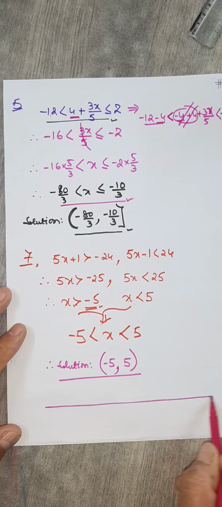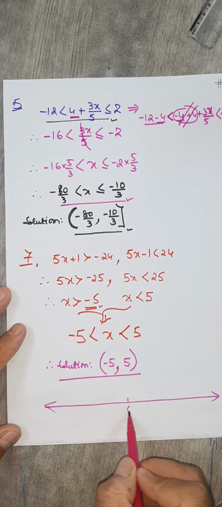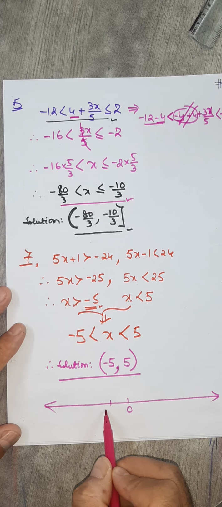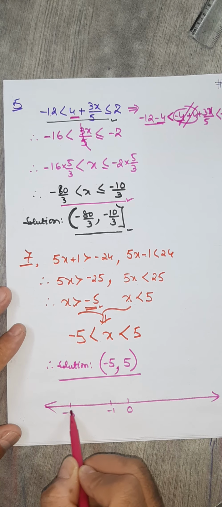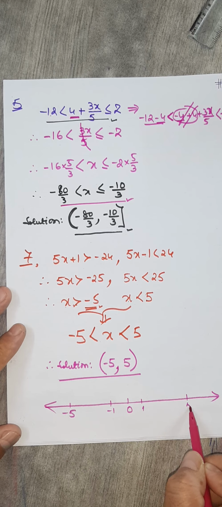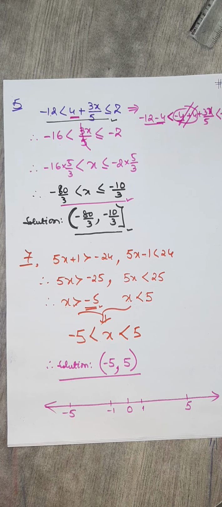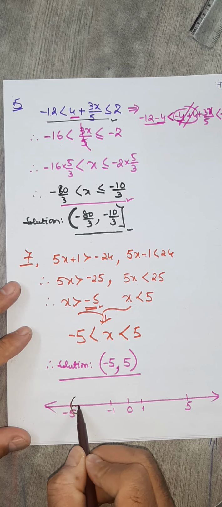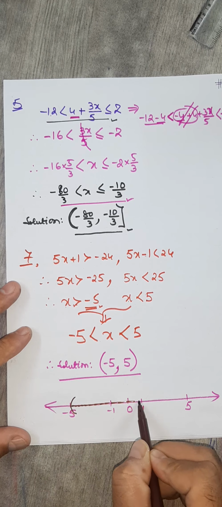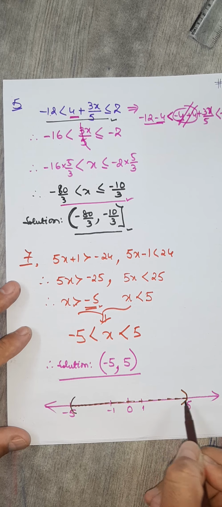So this is a real line, this is 0. Here let's write minus 1 and so on. Here minus 5. Here 1 and so on. Here 5. So every number from this portion, from open minus 5, would satisfy both the inequalities.